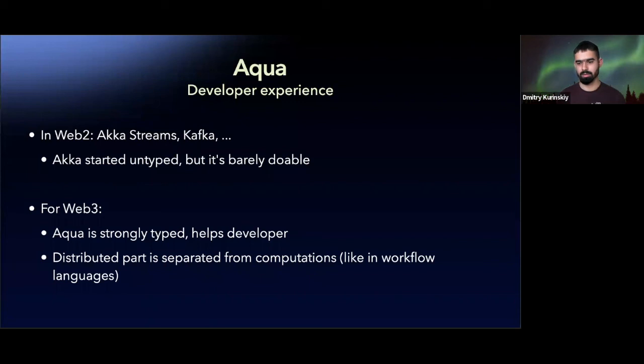It's super hard. It's extremely hard, and not a lot of people can do it without the proper typing and the proper patterns. That's why Aqua evolved to typed actors and then to Aqua streams with actors inside, and they hide this essentially untyped experience of distributed programming with the types.